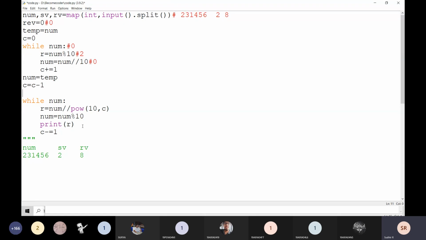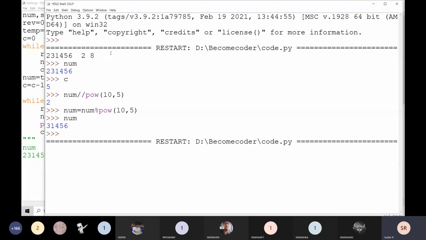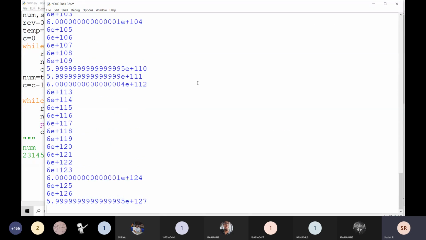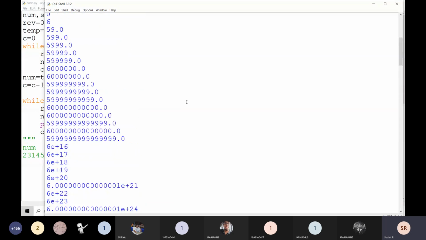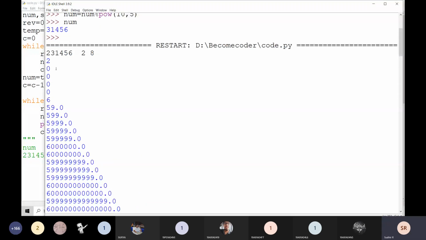Then why is it not stopping here? Number is greater than 0. You need to take it like this, and it is stopping at this position.